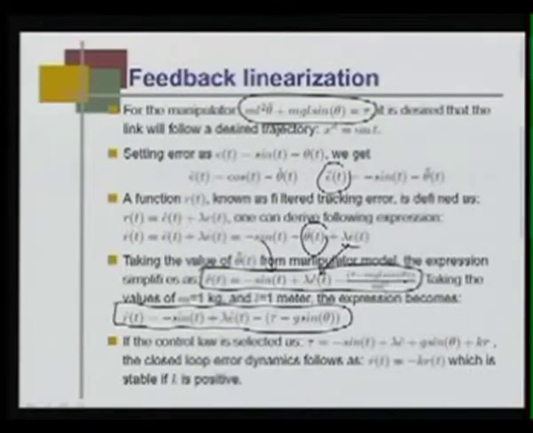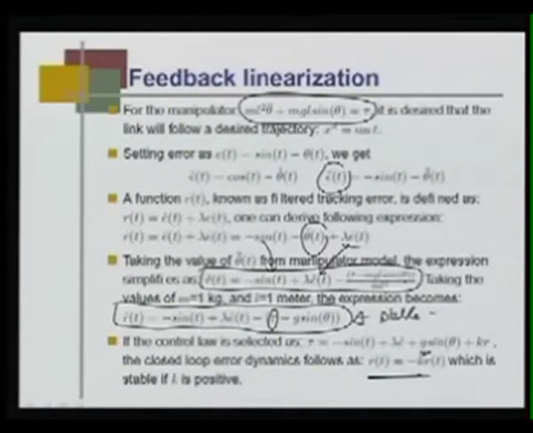So, how do I select my control law tau such that this is stable? If the control law is selected as tau equal to minus sin t plus lambda E dot plus g sin theta plus k r, then the closed loop dynamics becomes r dot t is minus k r. So, this is stable if k is a positive constant.